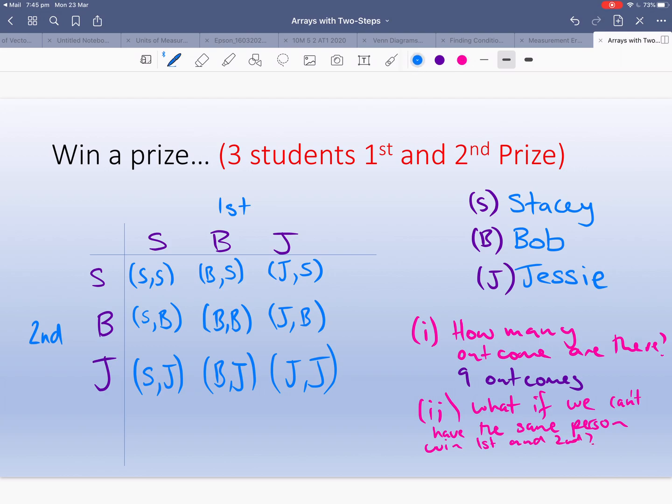How many outcomes are there? Well, that means we have to get rid of all these doubles. So how many outcomes are there now? There will be 6 outcomes. So what these arrays do is a really quick thing when you've got 2 scenarios. In this case, the 2 scenarios are first and second prize of 3 different people.